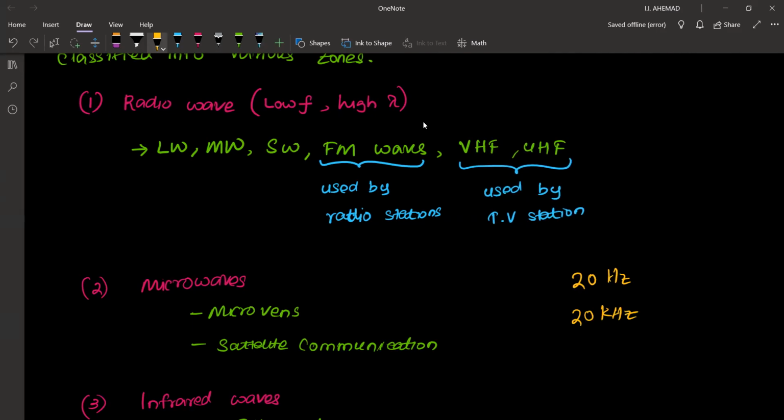So whatever is below this, we cannot hear. Whatever is above this also, we cannot hear. So there's a range where our ear is sensitive. Just like that, we have a frequency or wavelength up to which the eye is sensitive. So whatever is below that or above that, we cannot sense them.